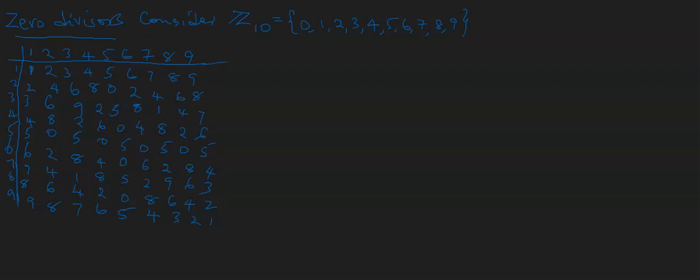under the operation of multiplication. So note that the zero divisors here are... Note that 5 and 2 is the same as 0 mod 10. 5 and 4 the same as 0 modulo 10. 5 and 6 is the same as 0 mod 10.